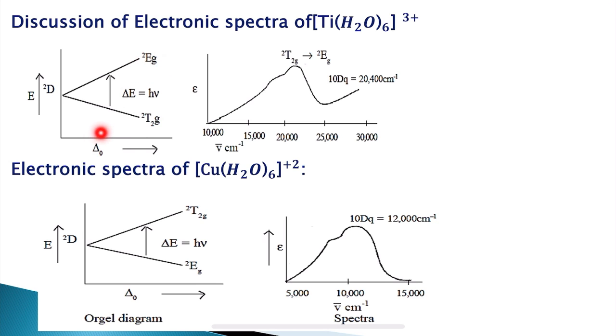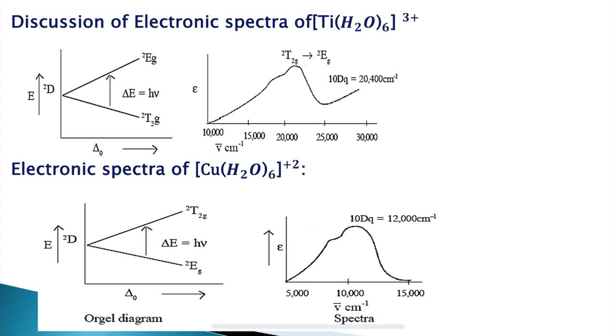These two are the Orgel diagrams which represent the electronic spectrum or absorption spectrum of titanium hexahydrate, where the only one electron present in the ground state occupies the T2g orbital, and thereby after absorption of radiation it will move into one of the Eg orbitals. Okay. So, let us understand it in depth.